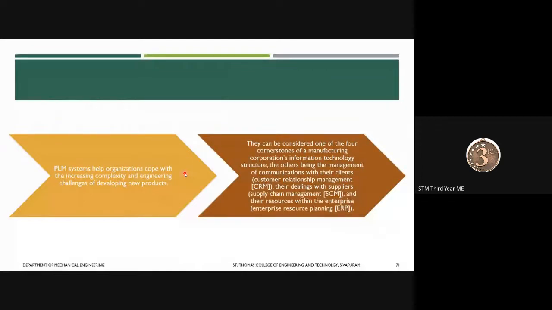So it helps organizations to cope with the increasing complexity. So increasing complexity occurs when technology updation occurs, and it will take some time for the training program to reach the said employees and for them to work with it.